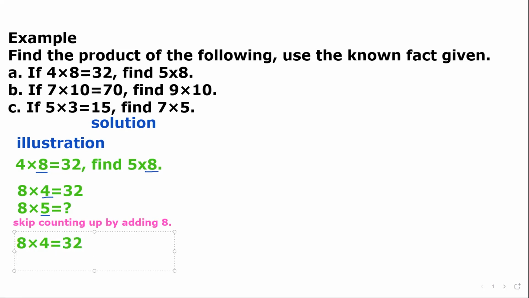Then 8 times, when you are still counting from the 4, the next number when you skip counting up, the immediate number from the 4 will be the 5.